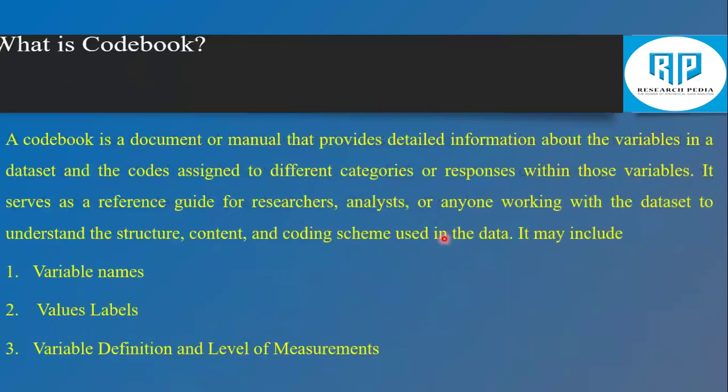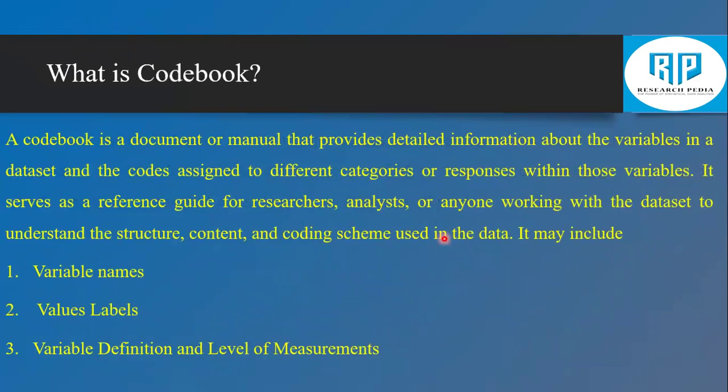So today we are going to discuss what is a code book, how it is created, and how to enter data in SPSS. A code book is basically a manual that provides detailed information about the variables in a data set and the codes assigned to different categories or responses within those variables.